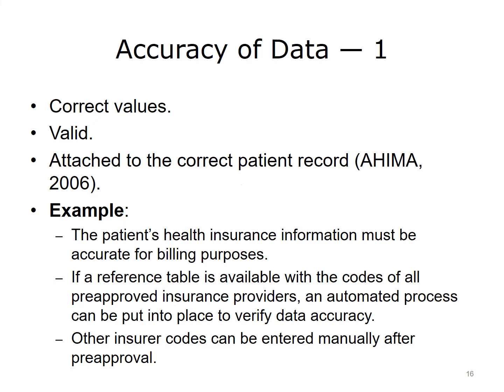An automated process can be instituted to verify the accuracy of the insurance information by limiting entry to only those codes that are available in a drop-down menu that is linked to the reference table. Entry of any other data would require a process of verification and pre-approval for any manual entries for this field of data.